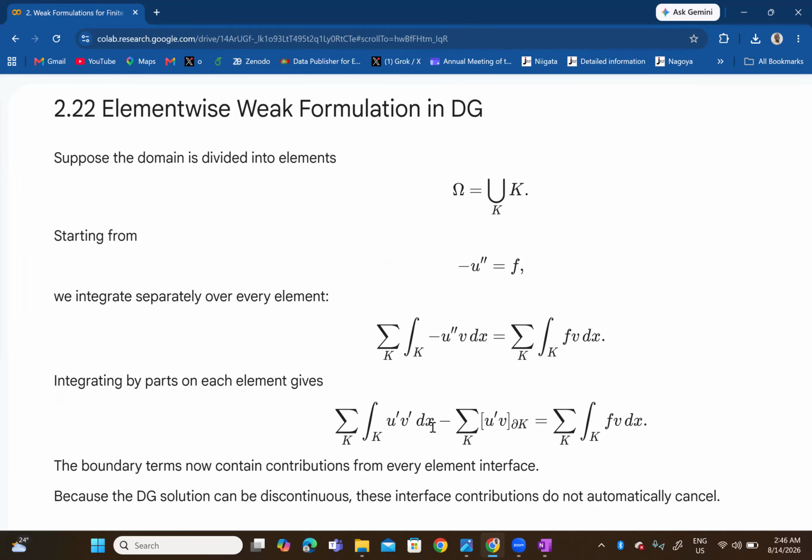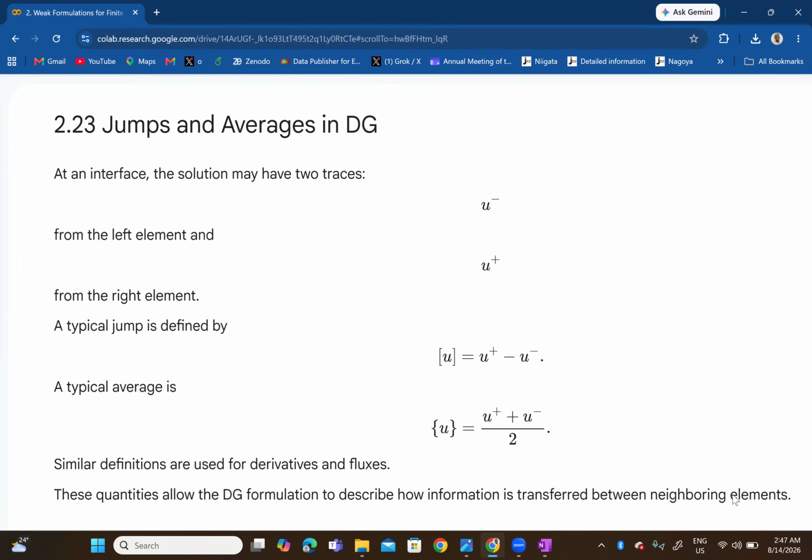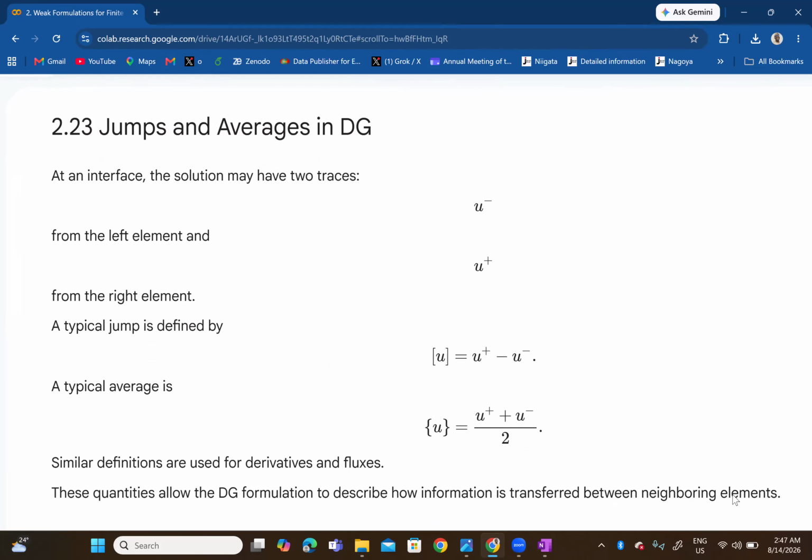So we have the summation over k of the integral, then u prime v, just like before, except that we have it happening for each element, and then we sum it up over every element. So the boundary terms now contain contributions from every element's interface. Because the discontinuous Galerkin solution can be discontinuous, these interface contributions do not automatically cancel like we would get in other situations. Then we talk about jumps and averages because we are talking about discontinuous Galerkin.